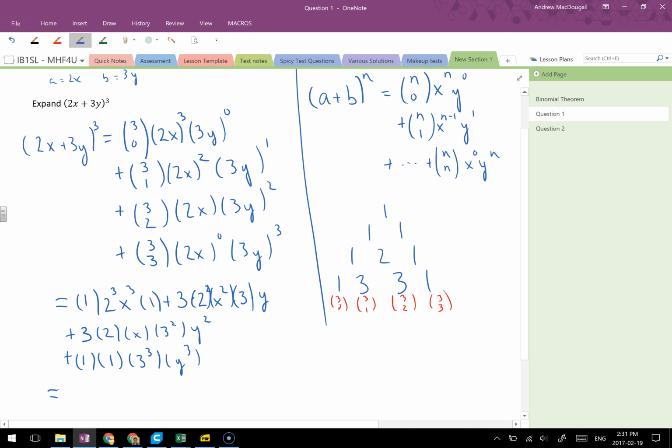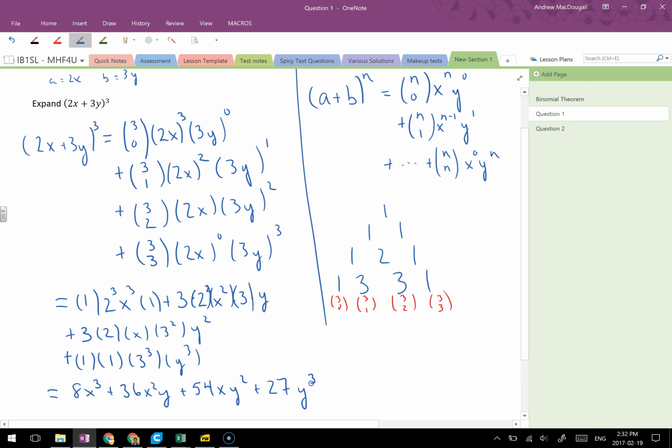Okay, and let's simplify this further. So this is 8x cubed plus 3 times 4 is 12, times 3 is 36. Here we've got 3 times 2 is 6, 6 times 9 is 54. And lastly, 3 cubed is 27. So there we have it.